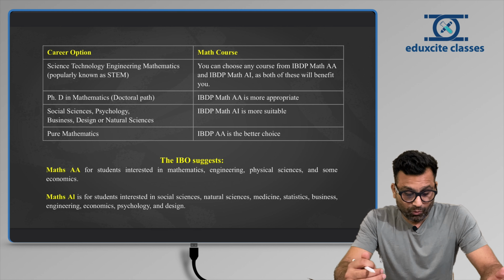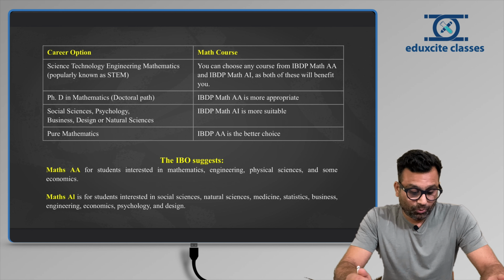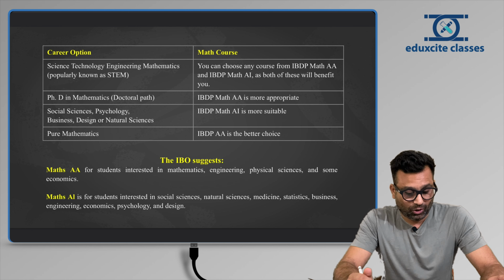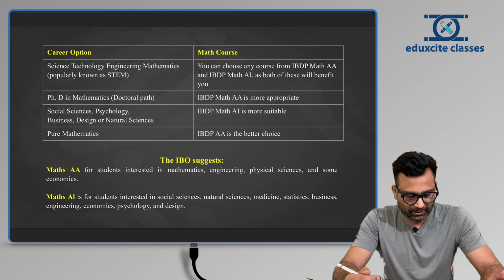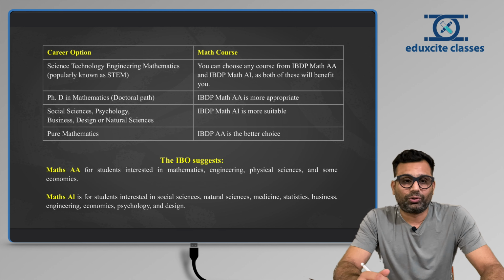If you want to go for a PhD in mathematics, then too AA is the appropriate option. If you want to try social sciences, psychology, business, design, natural science, then AI is more suitable. If you want to go for pure mathematics, again you should try AA.